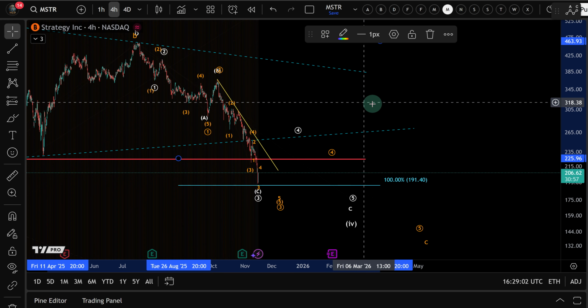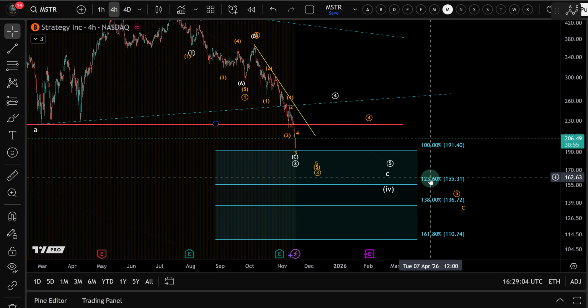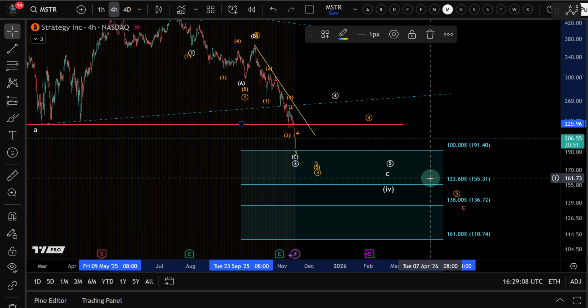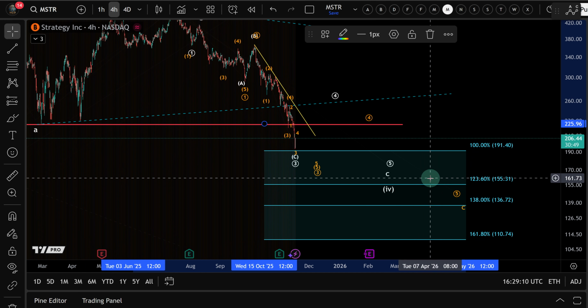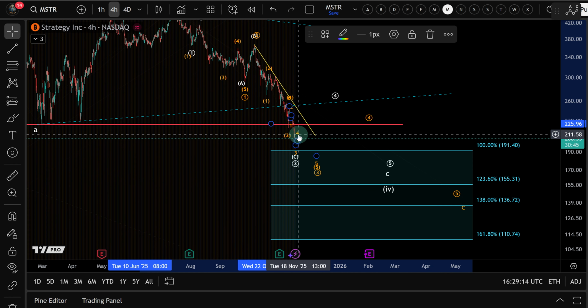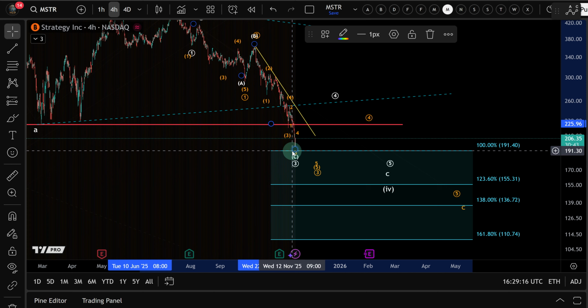And if we see extensions to the downside, the next one, which would be really meaningful, is the $155 level, the 123.6 extension. But because we've reached the 100% extension in such a direct fashion, I'm definitely going to watch for signs that a larger bounce has started.